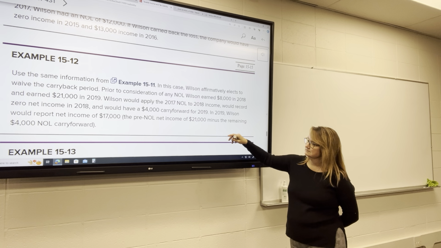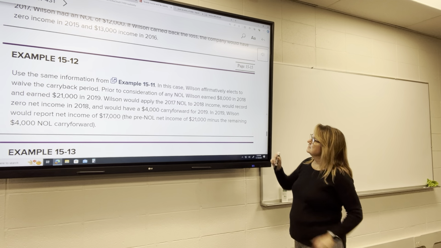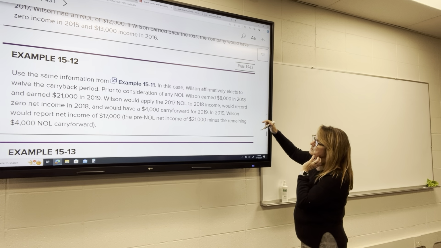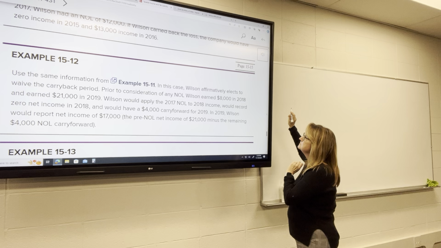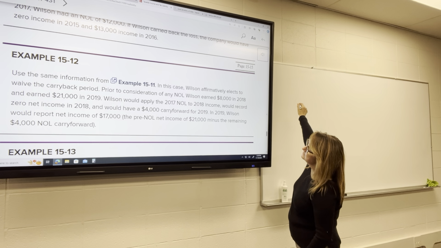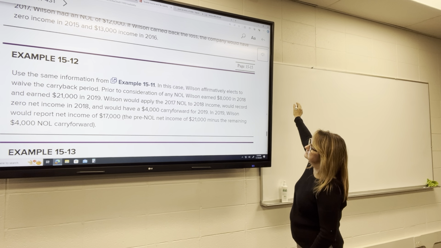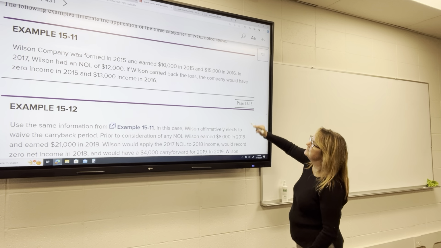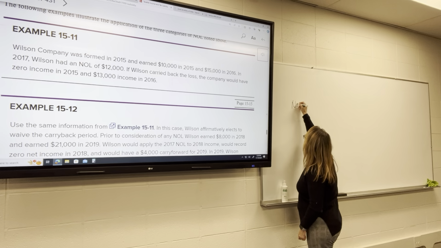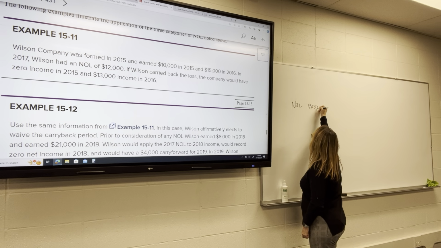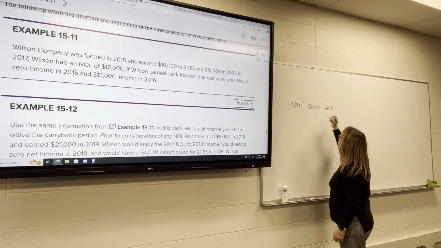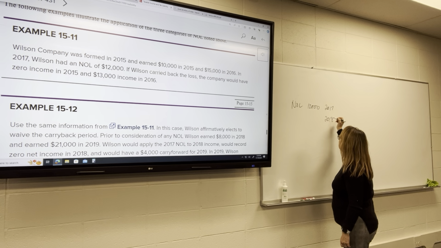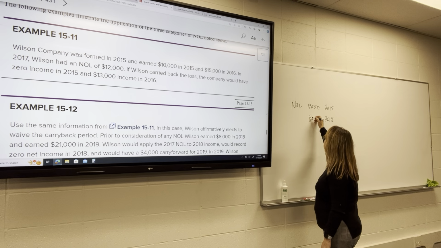Because they had their NOL, where is it, why am I not seeing this? Okay, oh, it's up here. So they had an NOL of 12,000. And that was in 2017, right? And then 2018, they had $8,000 of income.